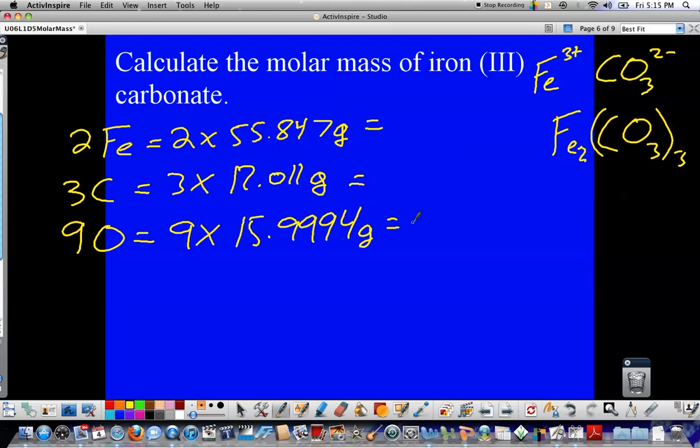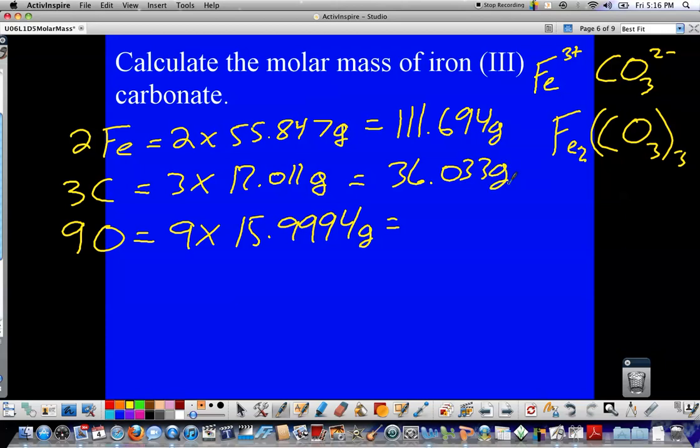Again, you might want to pause the video so that you can calculate this. So for the iron, we get 111.694. For carbon, we get 36.033 grams.